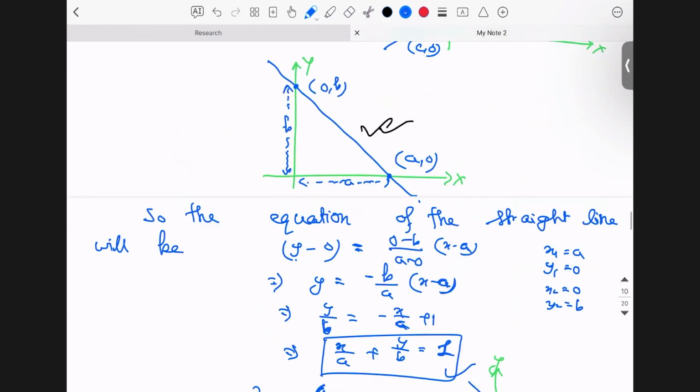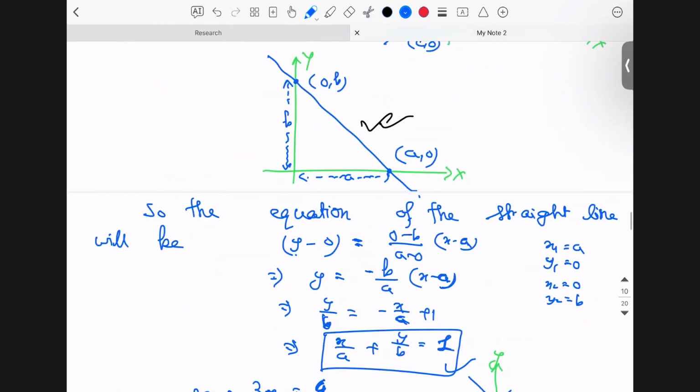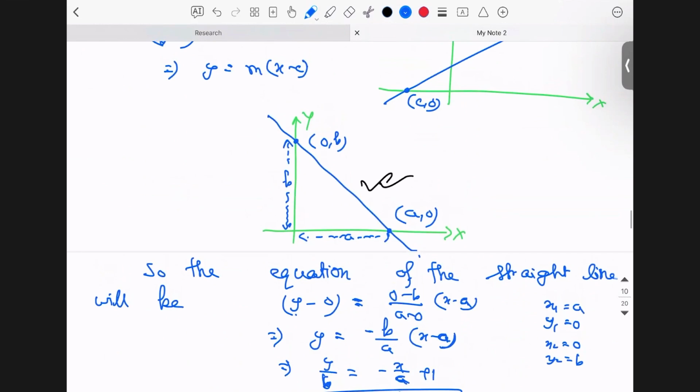And also we have discussed one thing: if a straight line is not parallel to x axis or y axis, then it must somehow cut either axis, that is, both the axis.